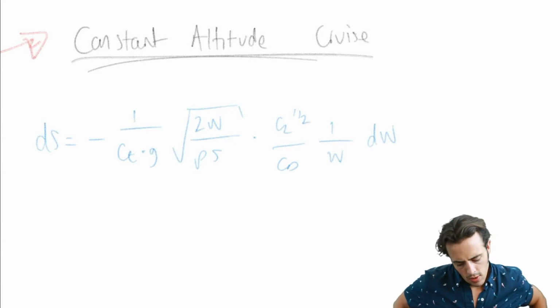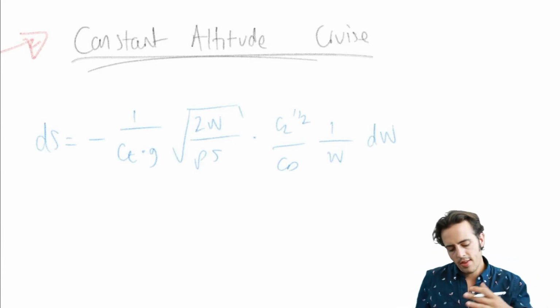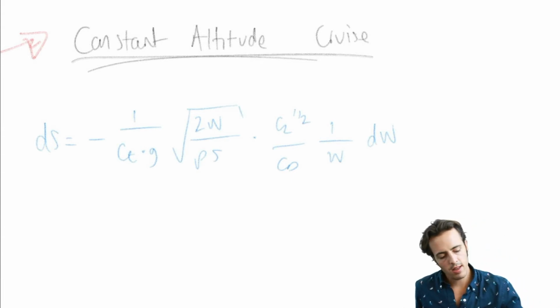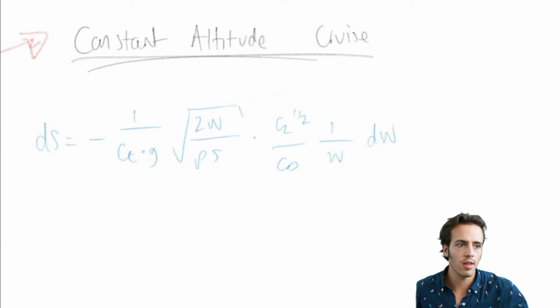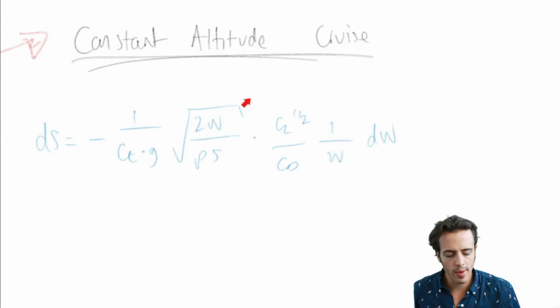In this case, where we're looking at constant altitude, because we've already described the velocity in terms of the lift coefficient, we have to take W and combine it with this one here.